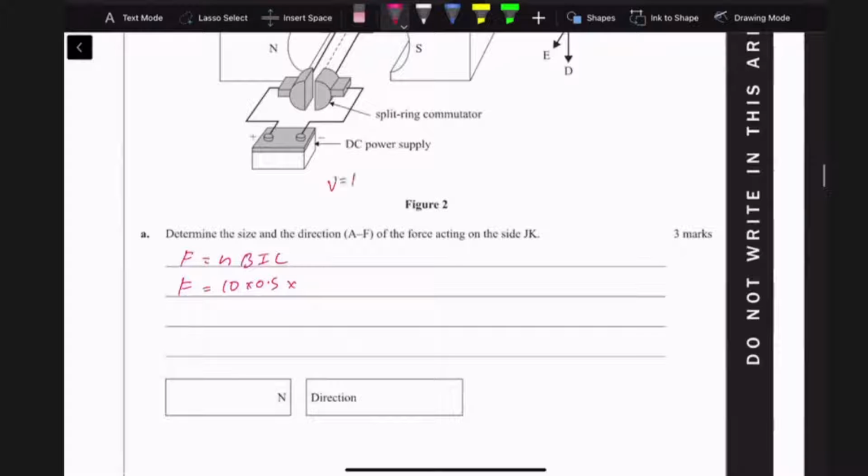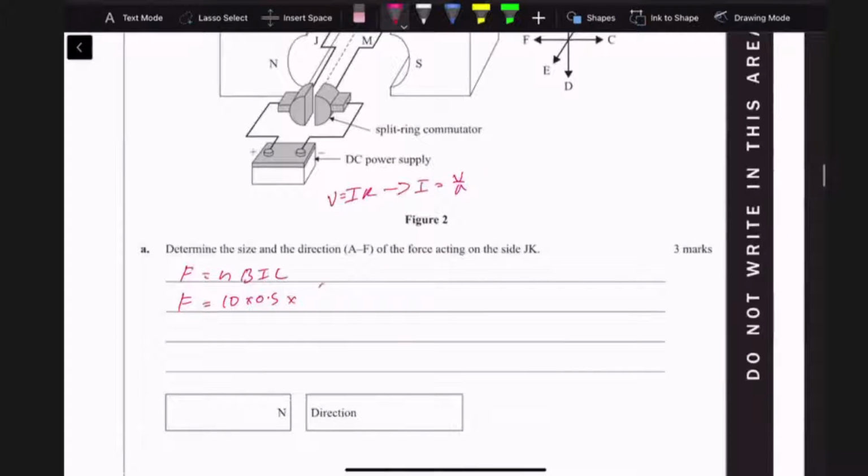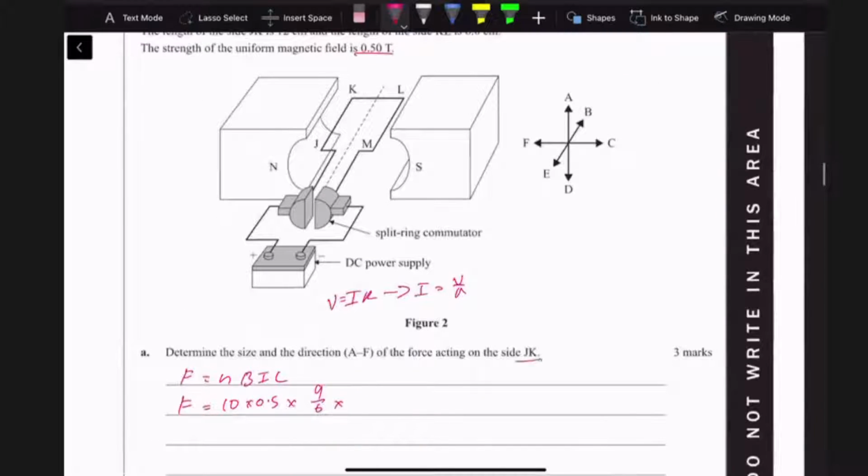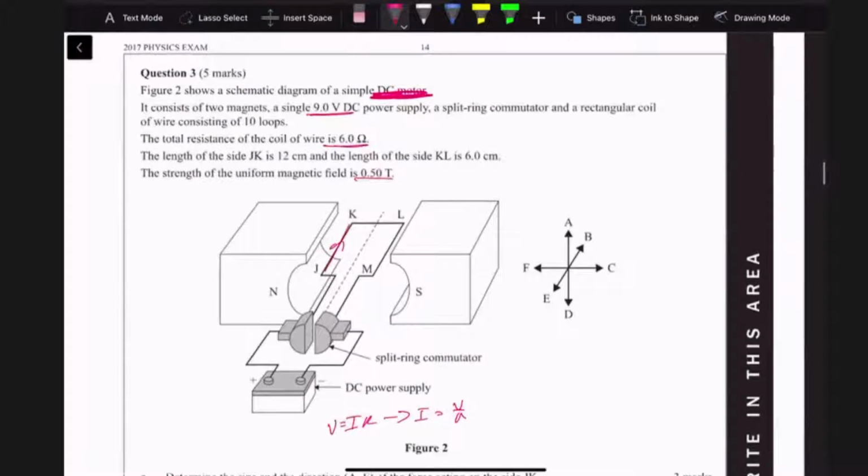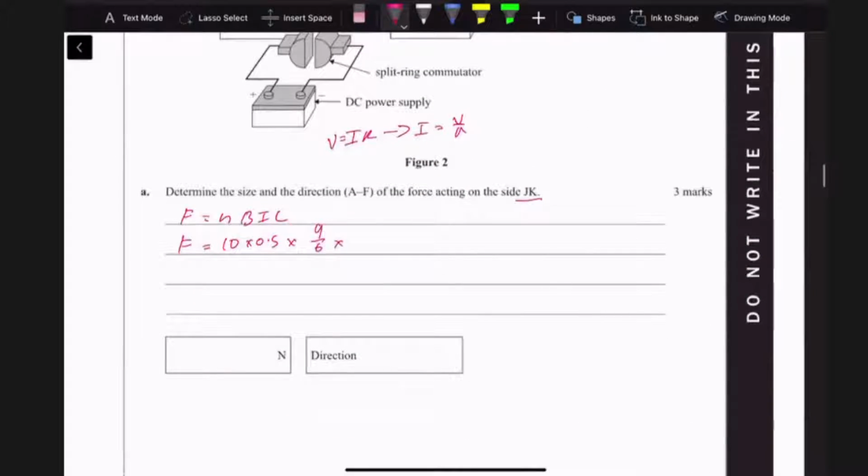So if we know V equals IR, then I equals V on R. So this is 9 on 6. And L, the side we're looking for is JK. So this side and that side is 12 centimeters, but we need meters. So 0.12, and this simplifies to 0.9.